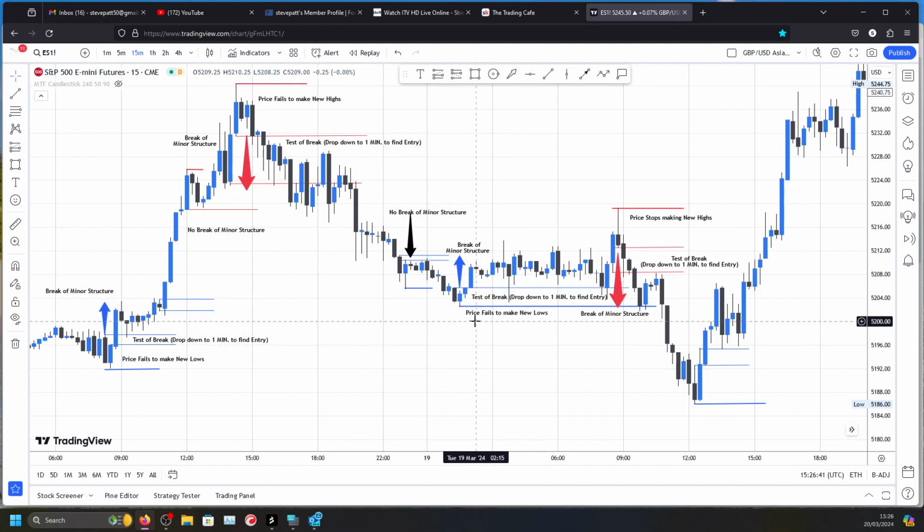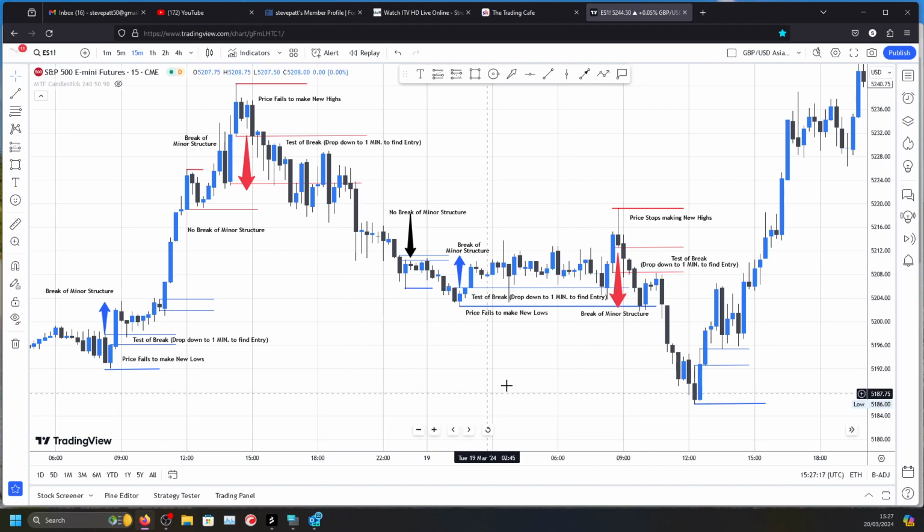You see here now we've got price failing to make a new low again, but this time this bullish candle goes on to break higher than quite a few previous candles. So I'd consider that a break of minor structure. And then price drops back into this area. So again, it's a matter of going to the 1 minute chart. And here price drops back in again.